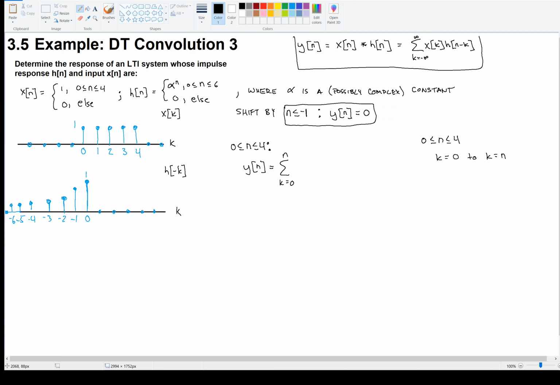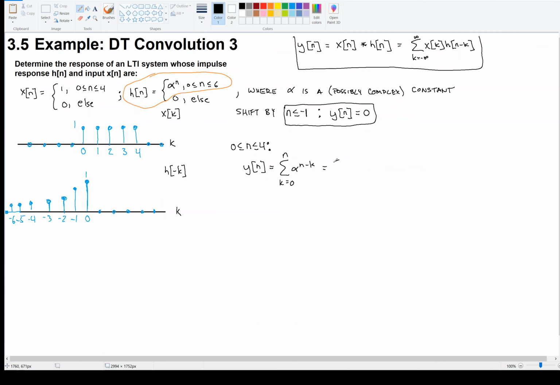h of n minus k, well here's h of n, right? We want the non-zero part. So that's h of n. h of n minus k is alpha to the n minus k then. Now, we have to evaluate this summation.